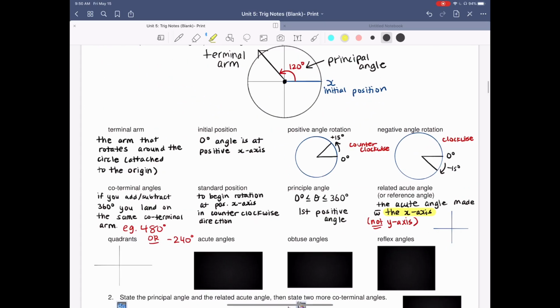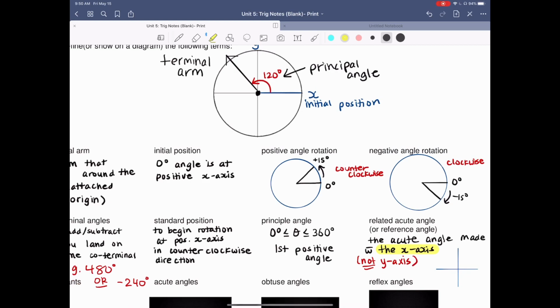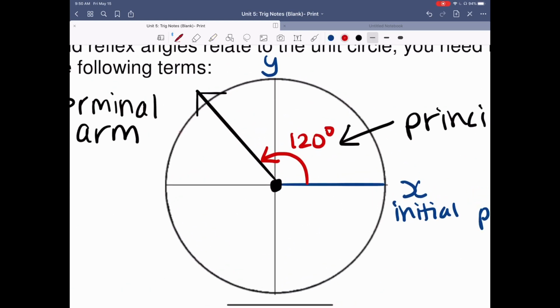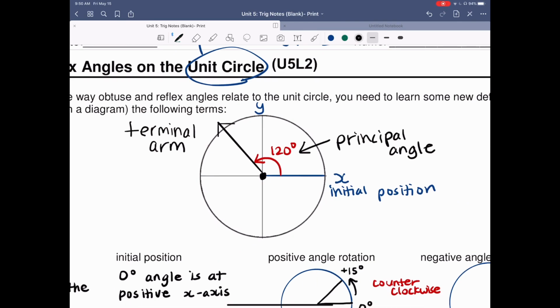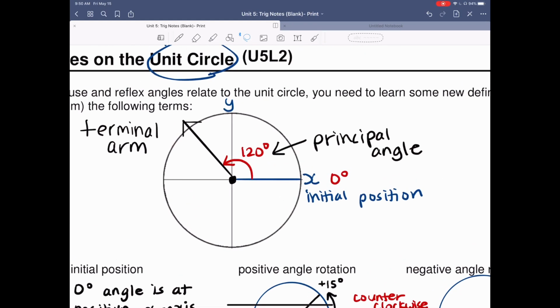So for that example, 120, I'll zoom in over here for a second. Keep in mind that this is 0 degrees, based on what my initial position is. From here to here, how many degrees is that?